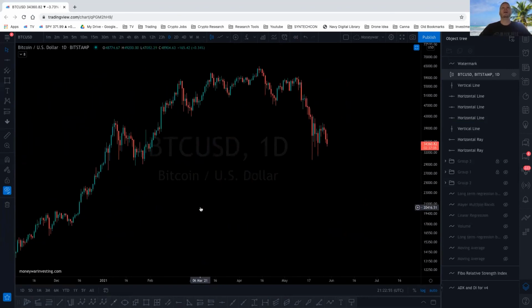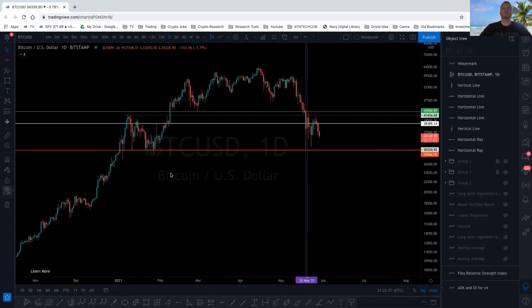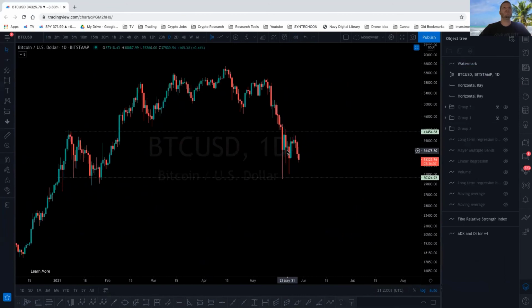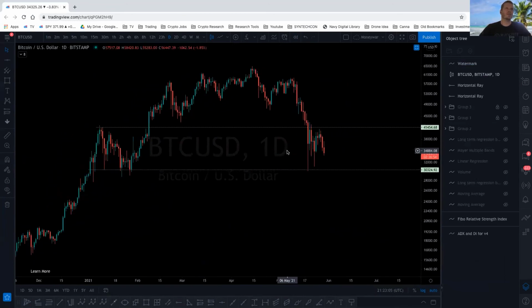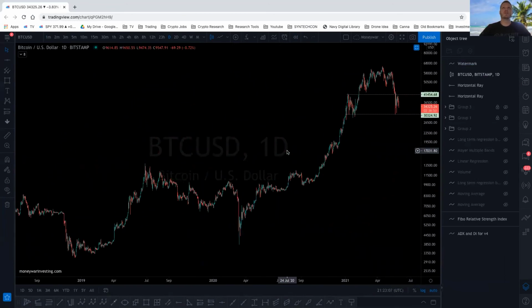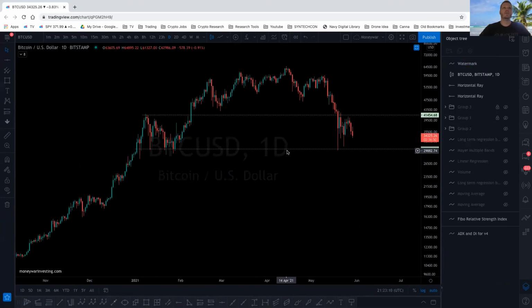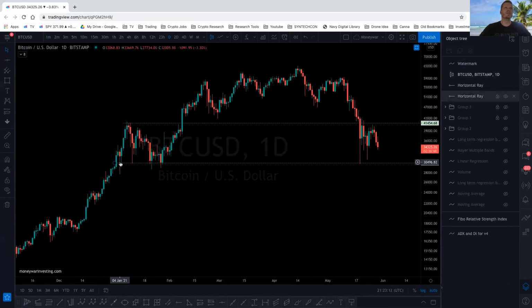Okay. So then, and I'm going to get rid of those that I just did, we're looking for areas of support and resistance. Historically, we're looking for areas where we've tested a certain region over and over again. And you want at least 2, but generally more points of contact.